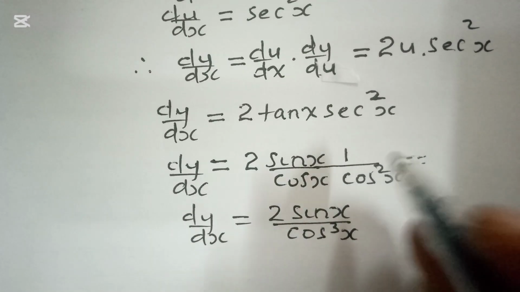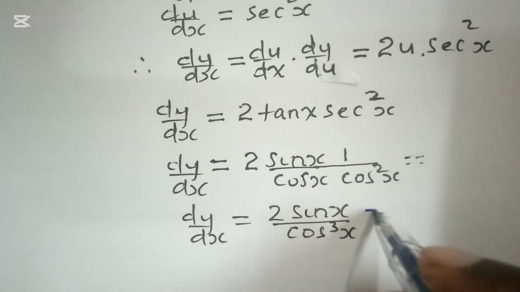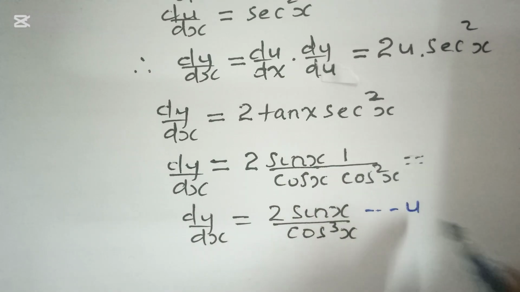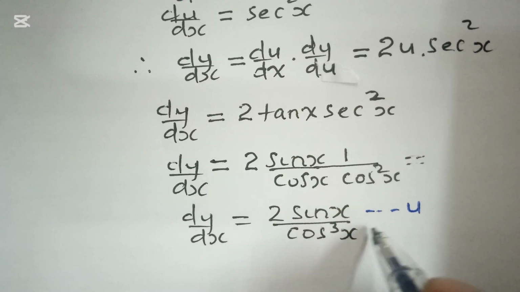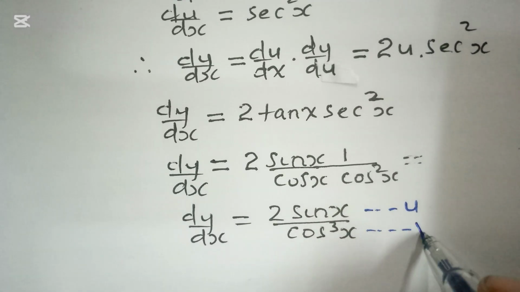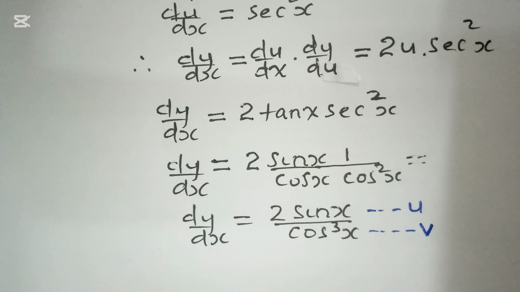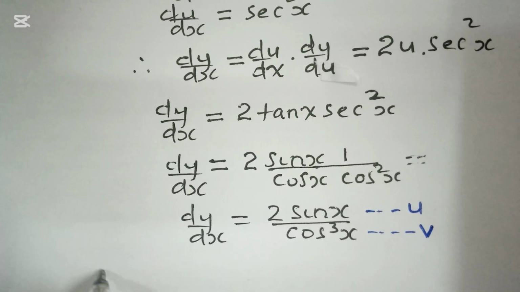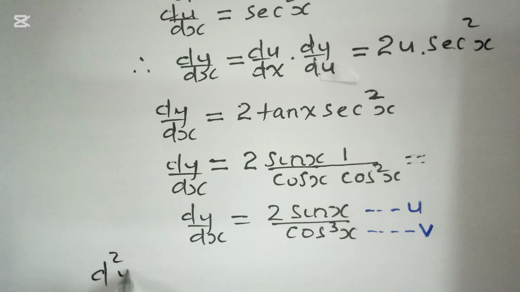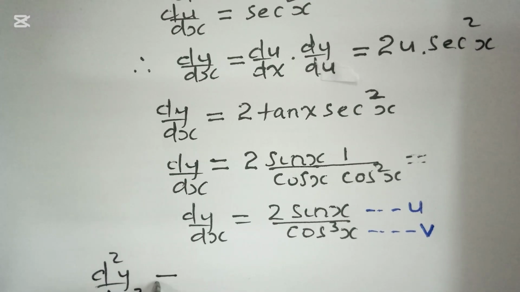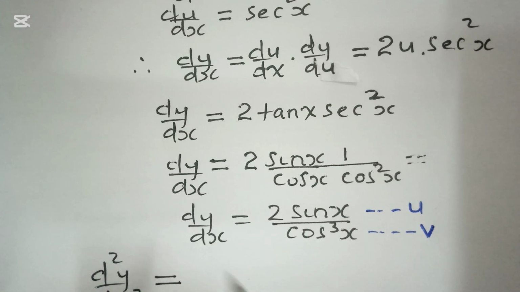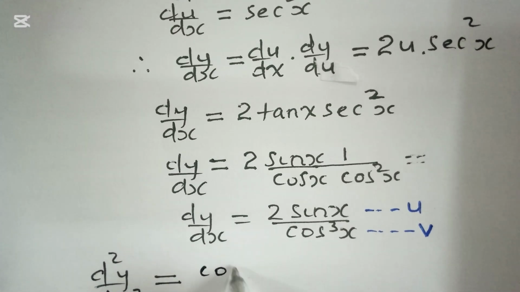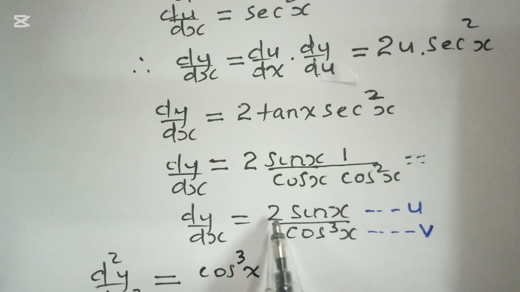So using the quotient rule, this one we consider as u, this one we consider as v. Then guys, we are going to have our d squared y all over dx squared will now be equal to, we start with v, v is cos cubed x. Then we differentiate this.